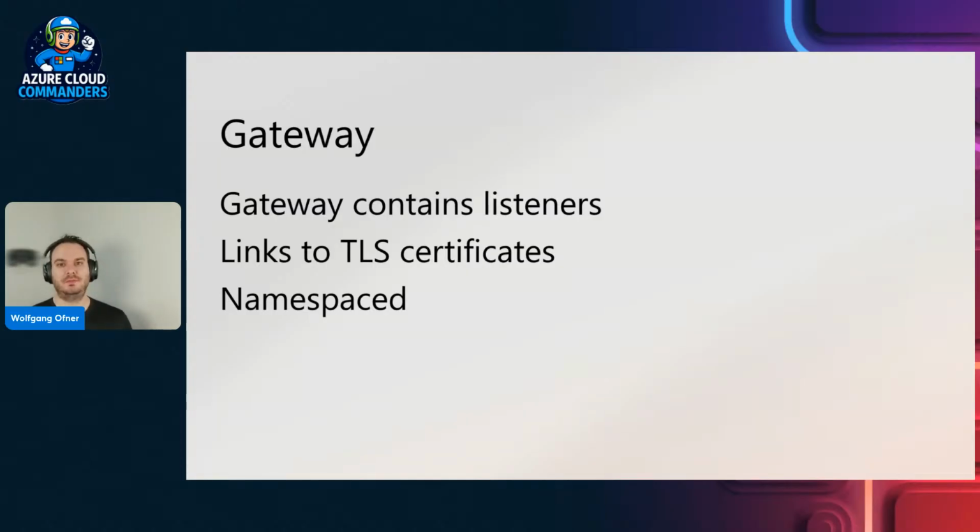For example, if you have a test and a prod environment inside your cluster, you can separate this. Or if you want to use a different gateway controller, for example, one for Envoy, one for Nginx, then you just have different gateways and they reference a different gateway class.